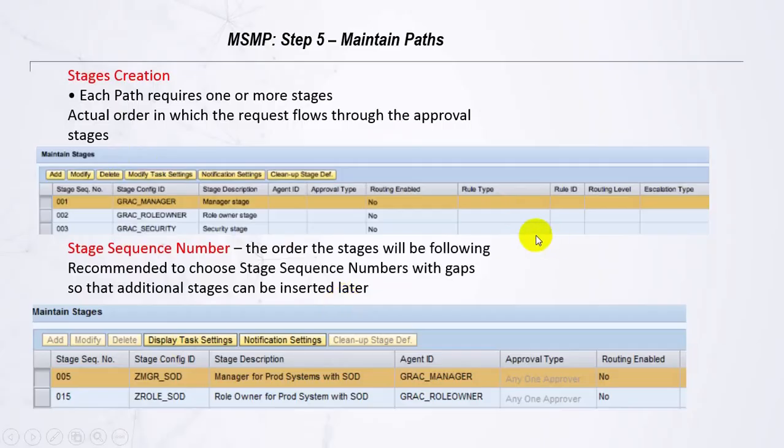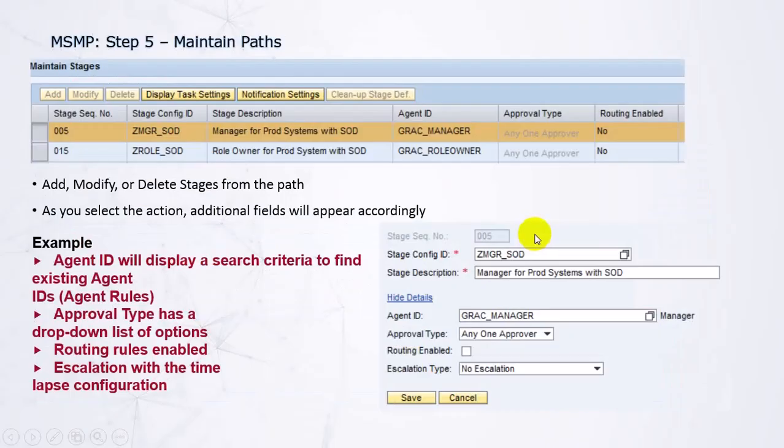So once stages are created, then in the stage there are different things, like owner identification, who should approve this request. We will pass through the values. Here there are some conditions. Approval type is anyone approver or all approvers.